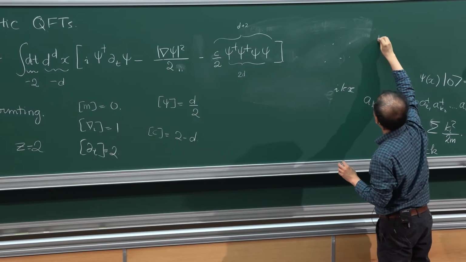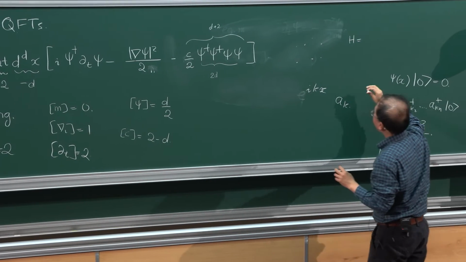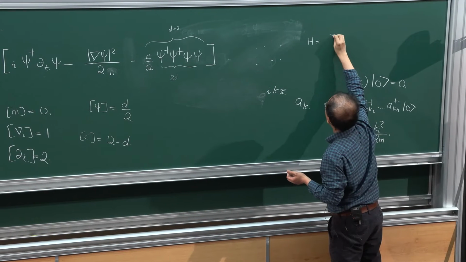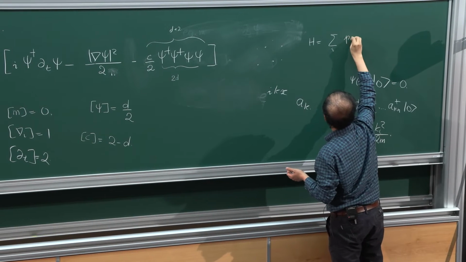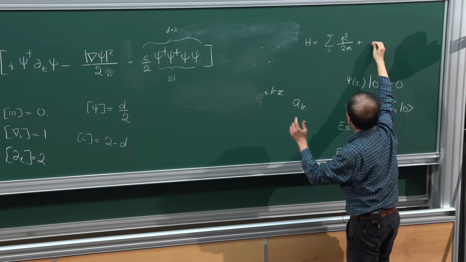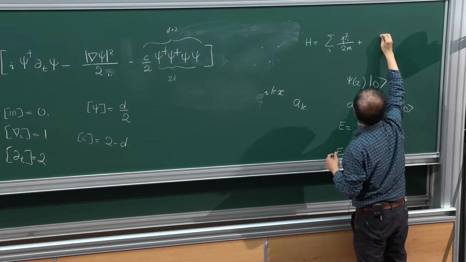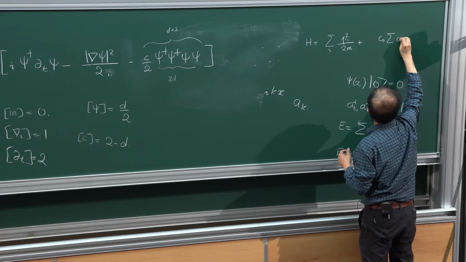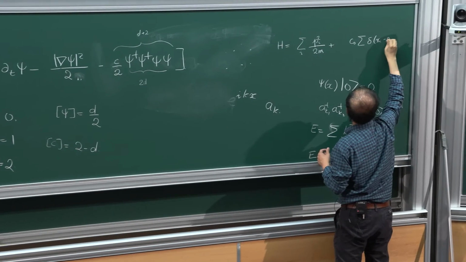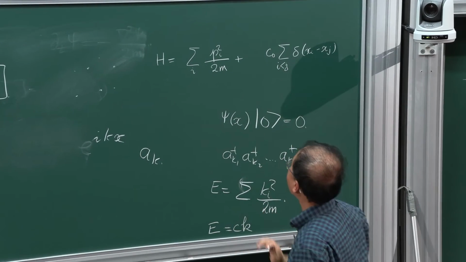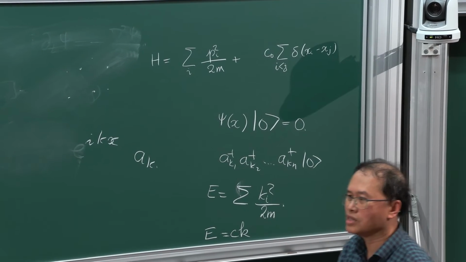So if we go back to the first quantized language, we will write the Hamiltonian equal to the sum of the Hamiltonians of all particles plus c naught, sum over delta function of x_i minus x_j, for i less than j, as the potential of interaction.